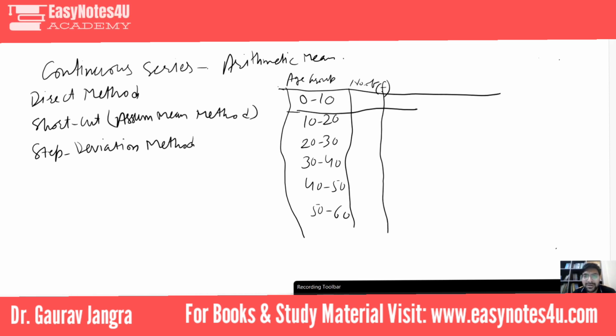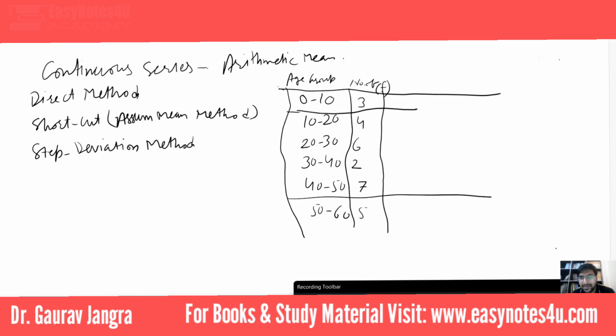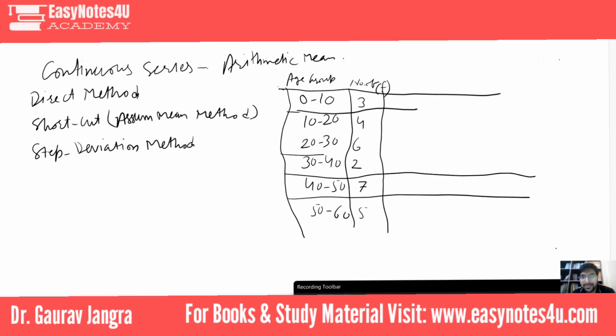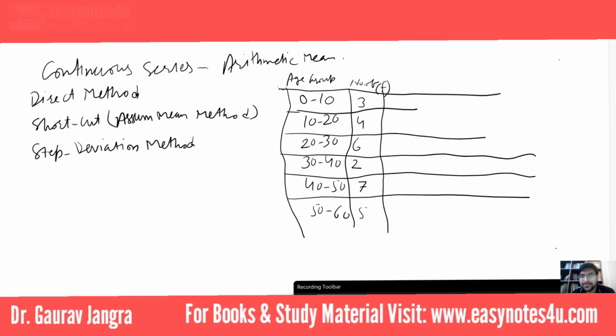So how many students are between 0 to 10? 3, 4, 6, 2, 7 and 5. This is the frequency. So how can we solve this from the direct method?